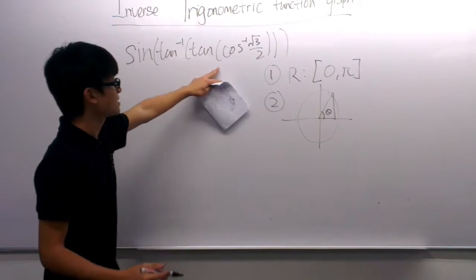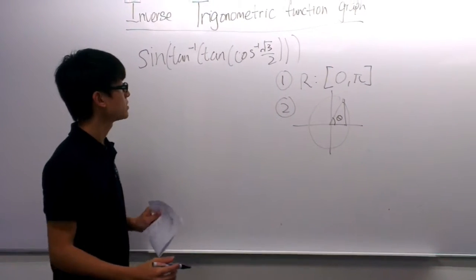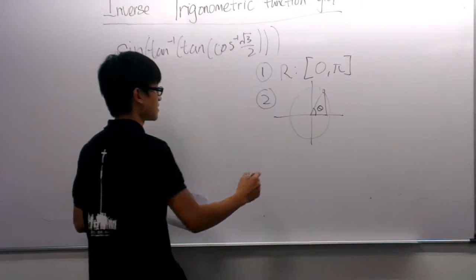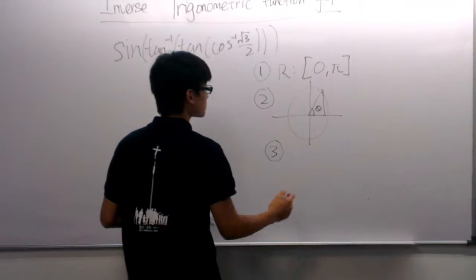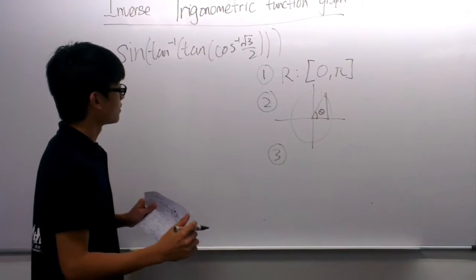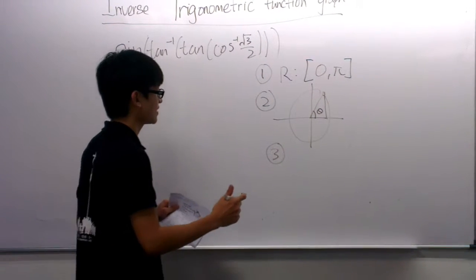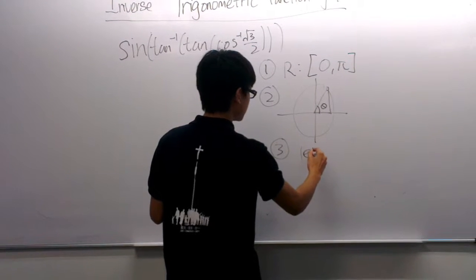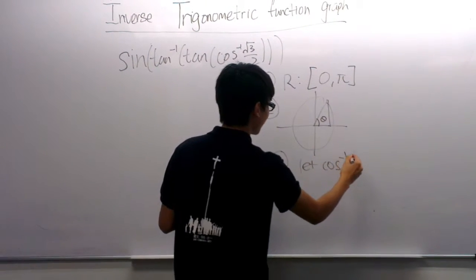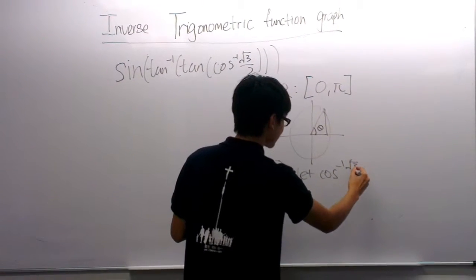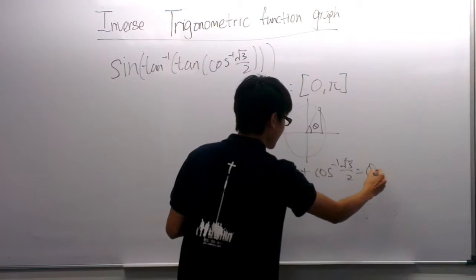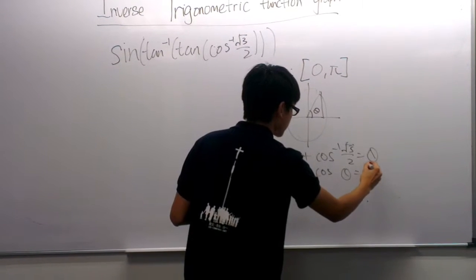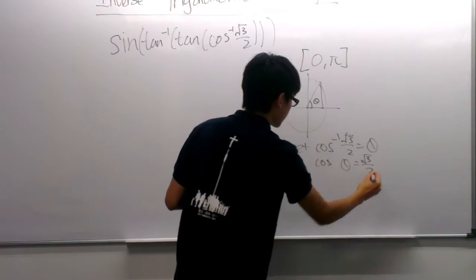So we let this arccos √3/2 equal theta. So if arccos √3/2 equals theta, then cos theta equals √3/2.